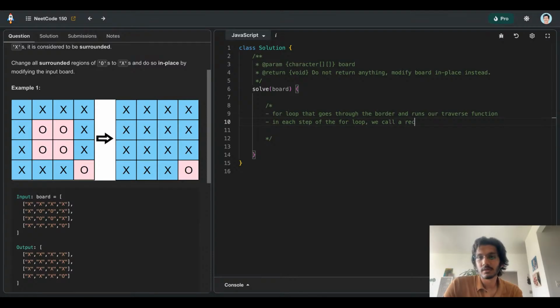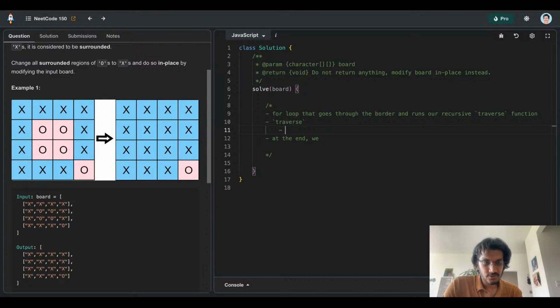We call a recursive function traverse, and that's going in and traversing. Let's see how our traverse function would work.